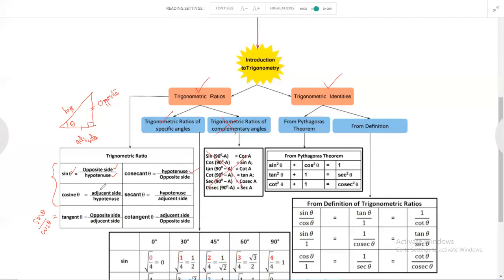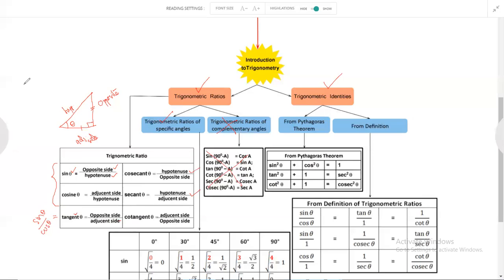Secant or sec theta is the reciprocal of cos theta, that means 1 by cos theta, which is equal to hypotenuse divided by adjacent side. And cot theta is the reciprocal of tan theta, that means adjacent side divided by opposite side. So basically, if you can remember these two trigonometric ratios, sine theta and cos theta, everything else you will get from these two.